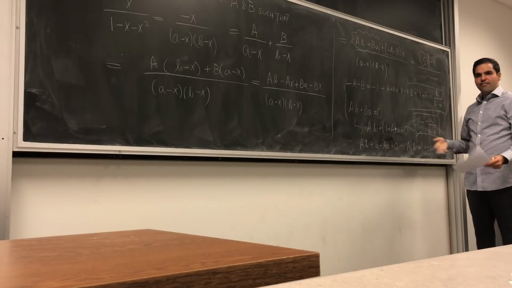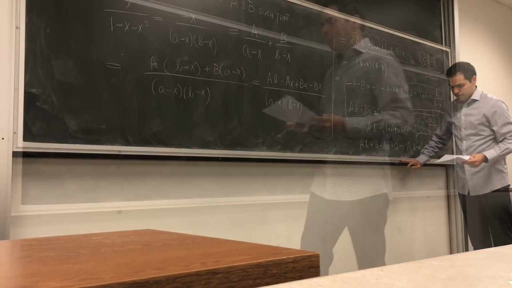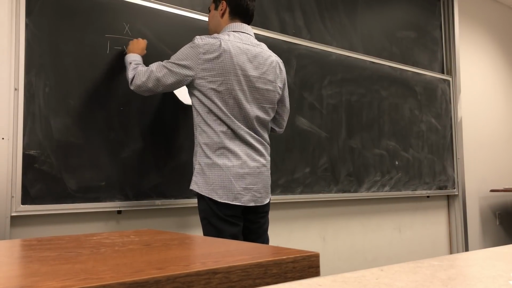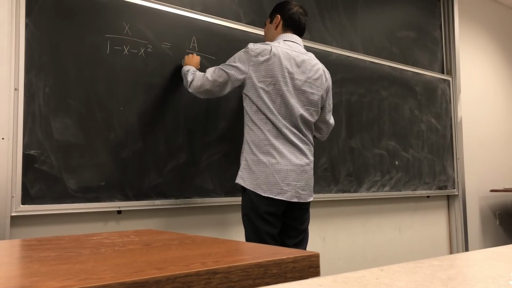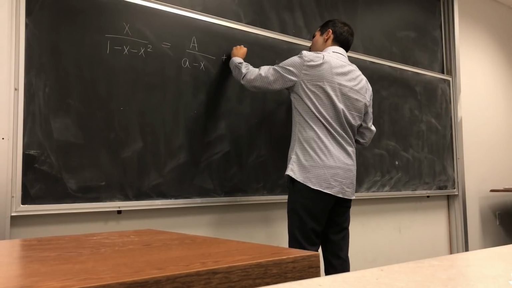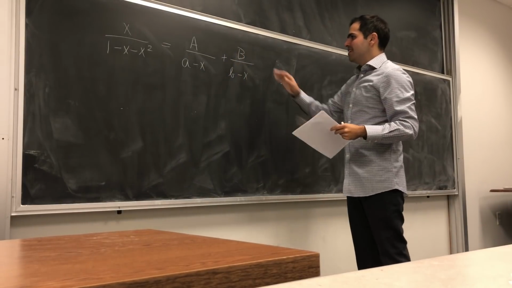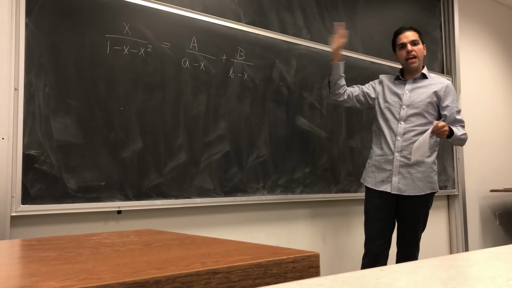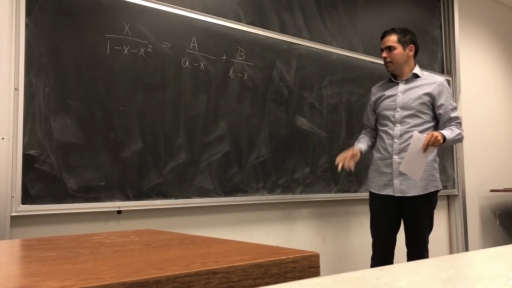And once we have that, let's solve our power series problem. So now we have x over 1 minus x squared is capital A over (a minus x) plus capital B over (b minus x). And remember, those are now constants that are known. We know capital A, we know capital B, we know little a and little b.